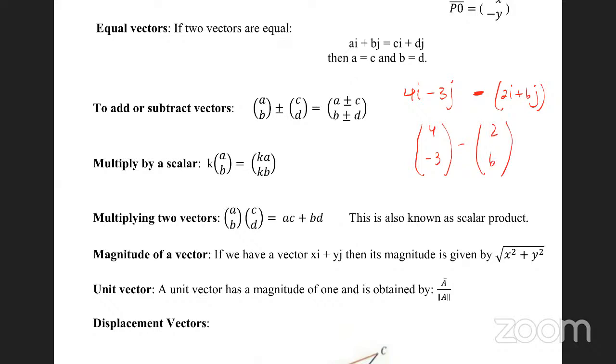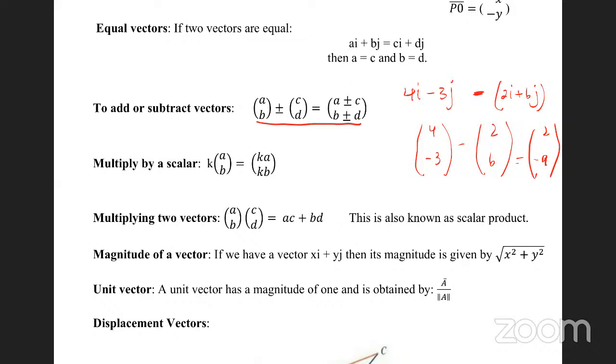So you subtract the x's, 4 minus 2, that's 2. Minus 3 minus 6 is minus 9. And that's it. You good to go? So that's what this means here. That's the way you add and you subtract vectors.